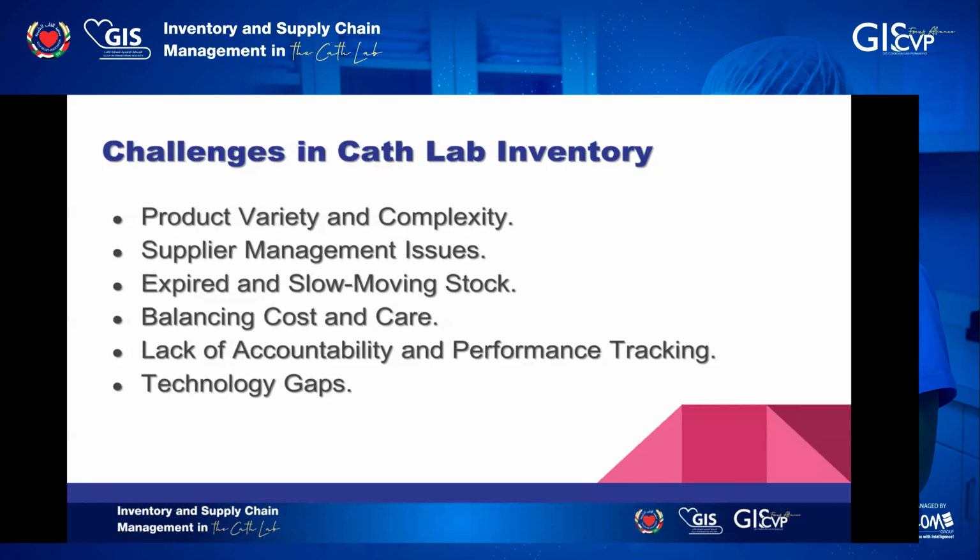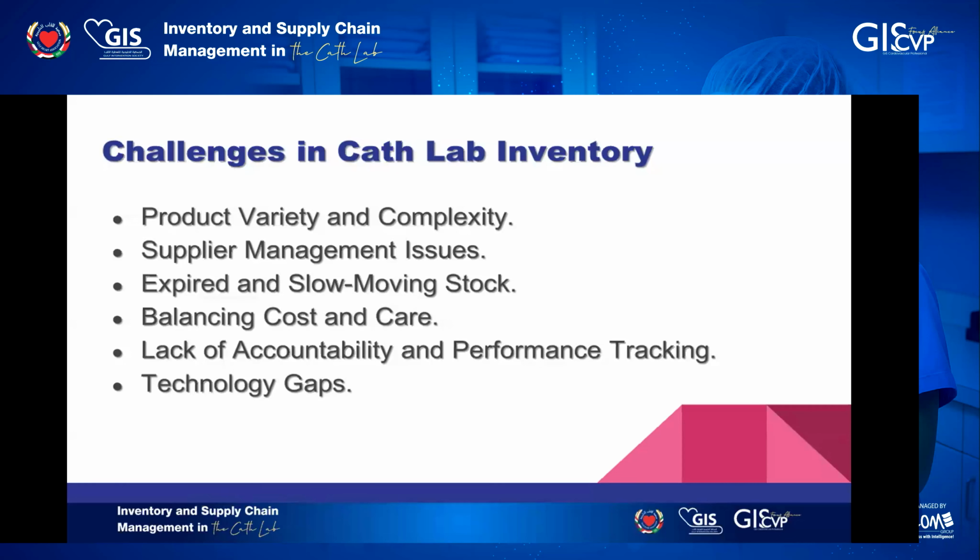Sudan is a developing country with a limited economy and strict restrictions. On expired and slow-moving stock, there is a lack or delay in tracking expirations, which leads to worsening waste. And balancing cost and care is difficult for us because we need to cut costs while ensuring that we maintain sufficient stock flow.